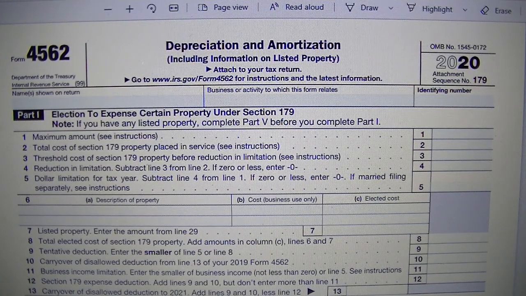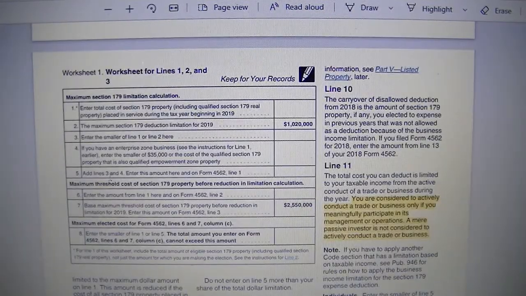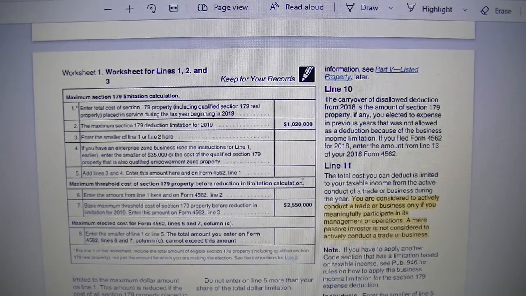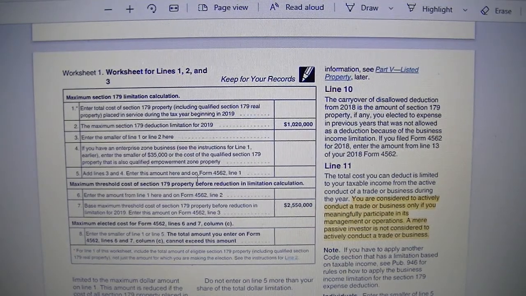And if we take a look at the worksheet, maximum threshold cost of Section 179 property before a reduction in limitation calculation. So enter the amount from line 1 here on Form 4562 to line 2. So the amount on line 1 will be the 1 million we start with.